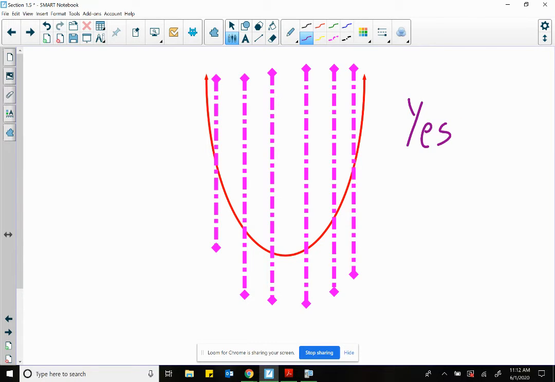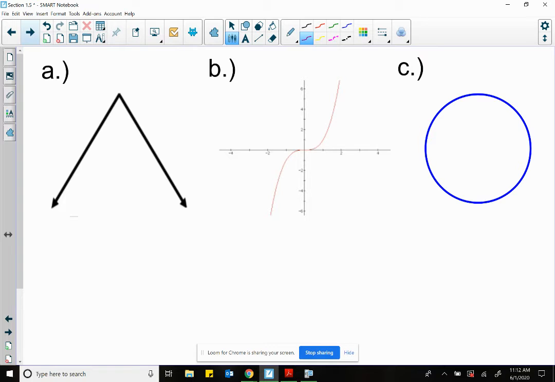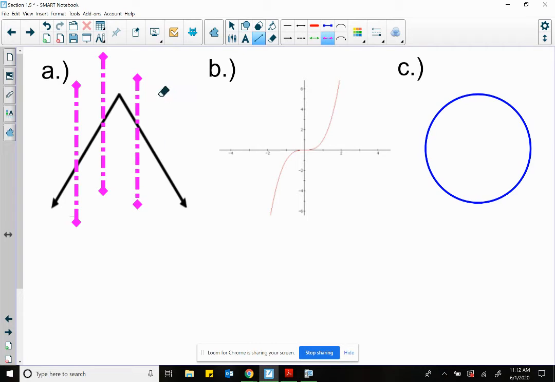Okay? So here are 3 graphs. Go ahead, try it on your own. Tell me if they are functions or not. Go. Okay. So, if we draw in lots of vertical lines here, and then I'm just going to go ahead and do this for the other graphs.